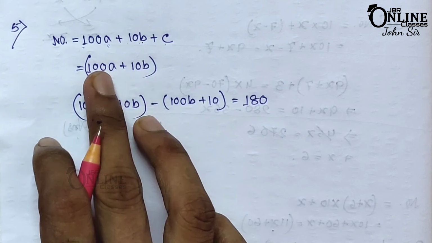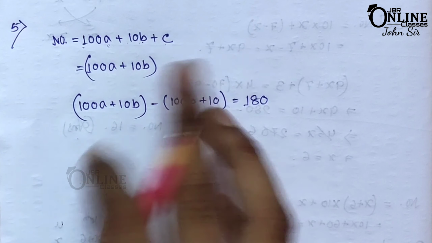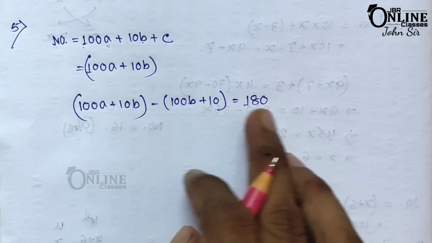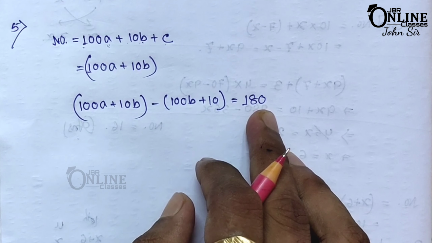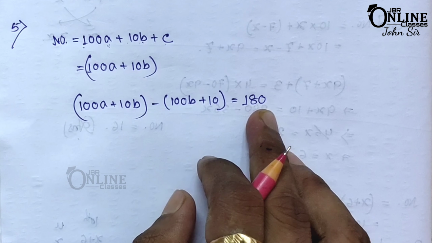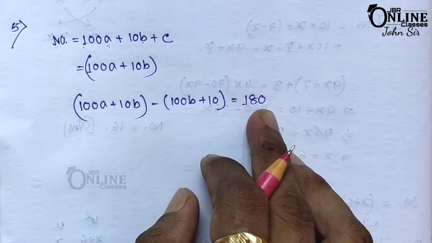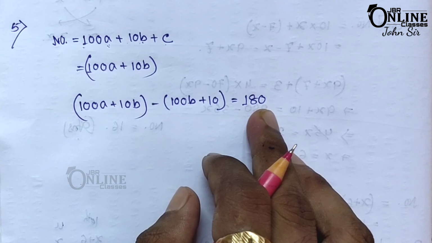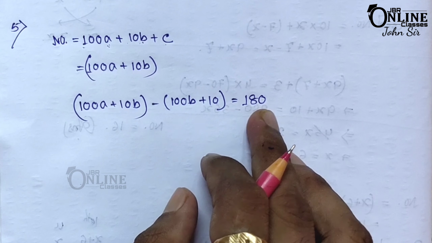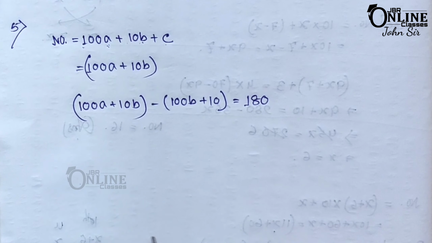And if the left hand digit be halved, and the middle and the right hand digit be interchanged, the number is diminished by 454. Okay, remember that.